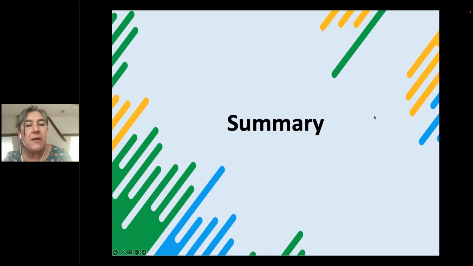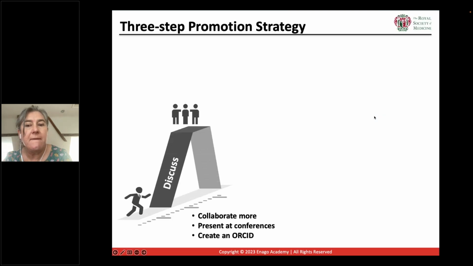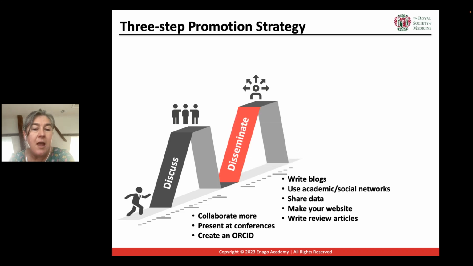So, in summary, discuss, talk to people, present at conferences, create your ORCID, and seek to collaborate and partner with people. Write blogs, use academic networks, social networks, share your data, and write review articles, basically disseminate the work.